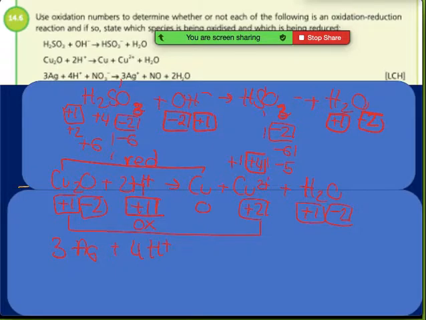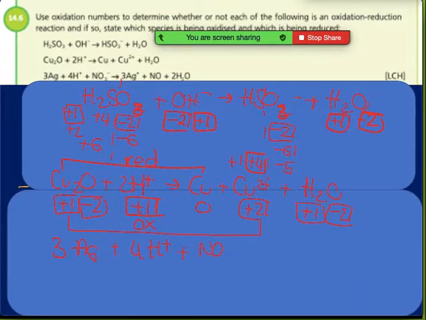This falls under the rule for a simple ion: if it is a simple ion, it carries the charge of the simple ion. So this isn't H as in H2O, this is H plus, a proton. So you follow your rules.